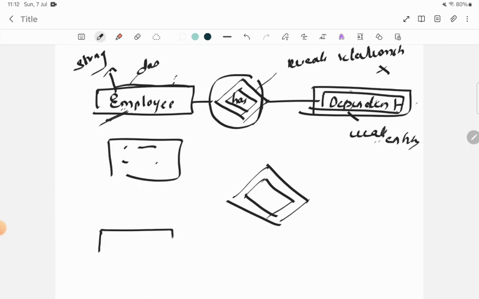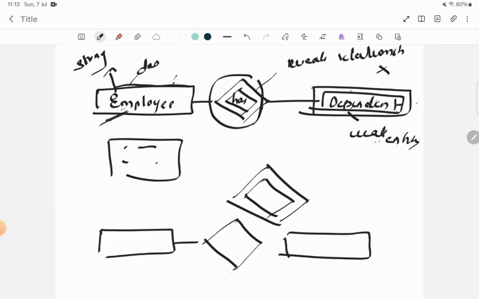But if we have two strong entities, it is represented by a single diamond, a strong relationship. Strong, strong: the relationship is strong. Weak, strong: the relationship is weak. We cannot say both entities will be weak, because a weak entity is always dependent on a strong entity.